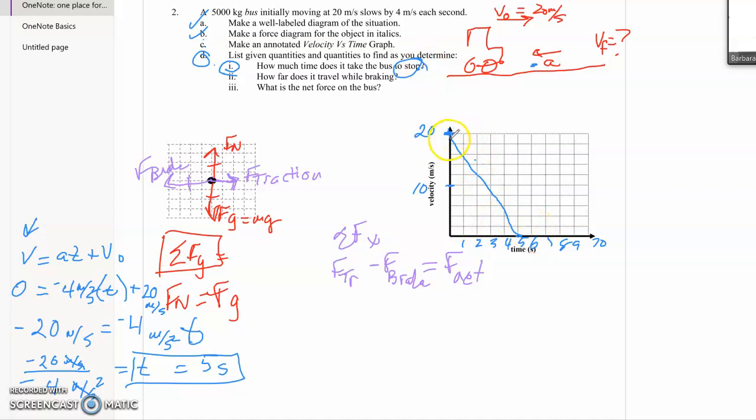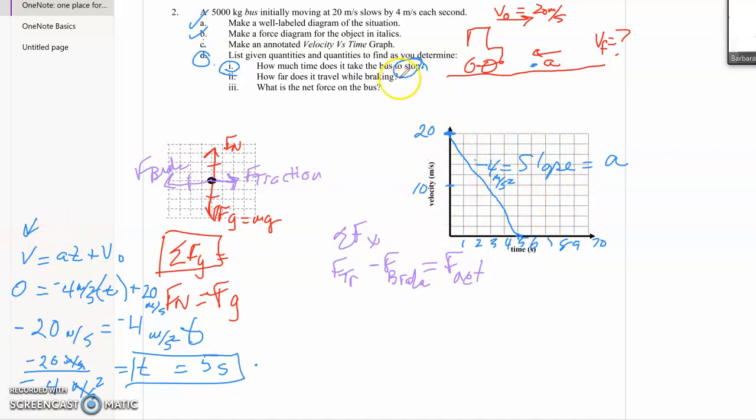Well, if I started at 20 and made a slope of -4, then it would take me right there to 5 seconds, or I could solve it mathematically. So in all of these, you can almost always solve big pieces of it with the graph or the math.